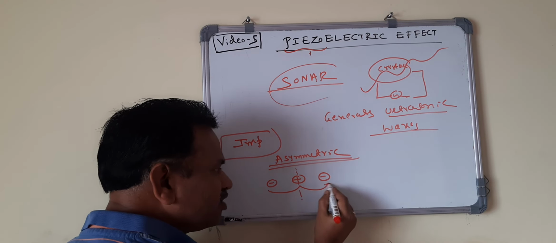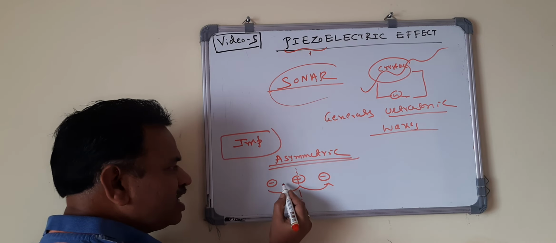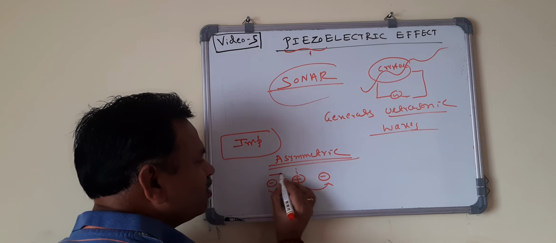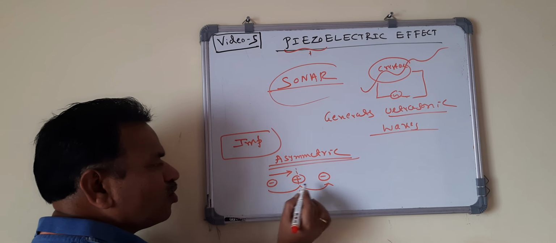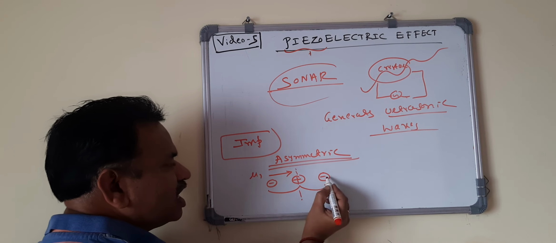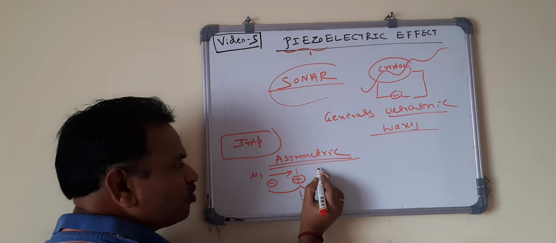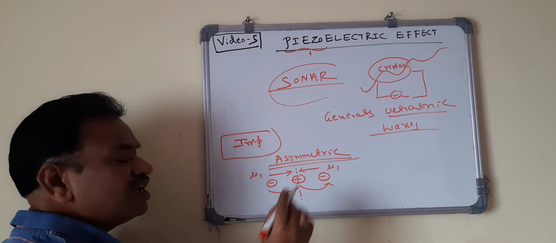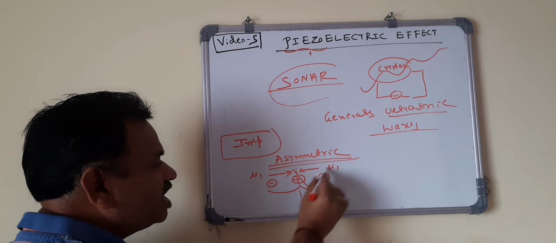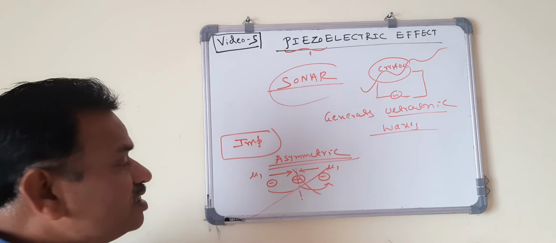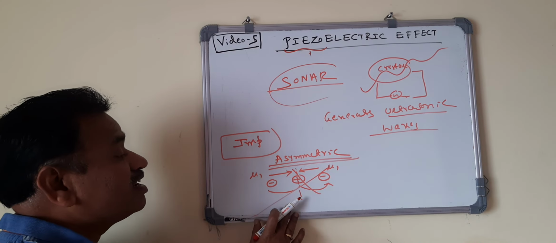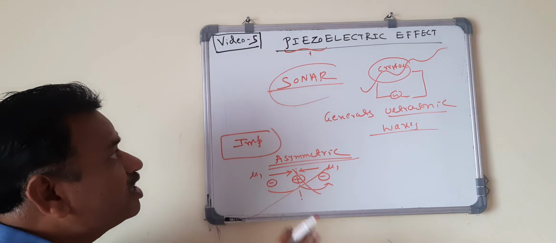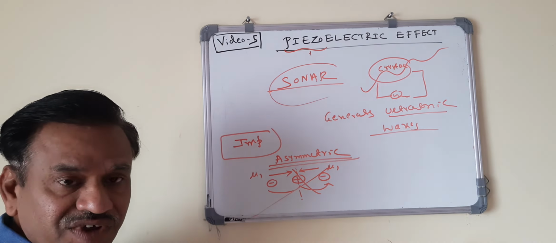The dipole moment is represented from negative to positive. This is mu1, and this is also mu1. Both are equal and opposite, so the net dipole moment is 0. These are called symmetric. Such materials are not good for the piezoelectric effect.